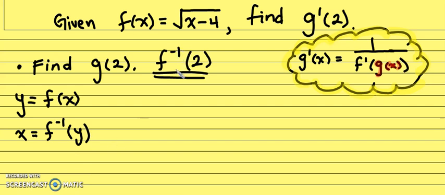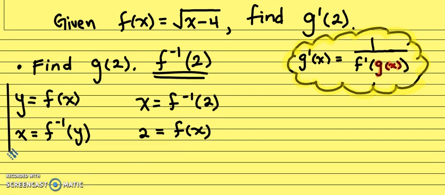Well, now what I have here is x is equal to f inverse of 2. Well, if I interchange my x and my y, or my x and my 2, I have 2 is equal to f of x.